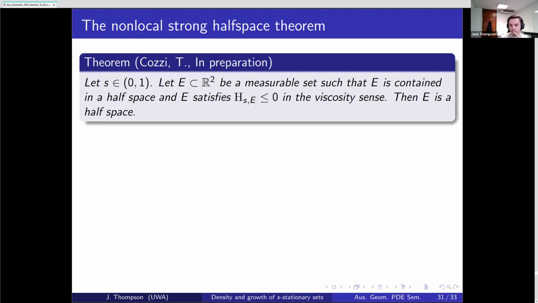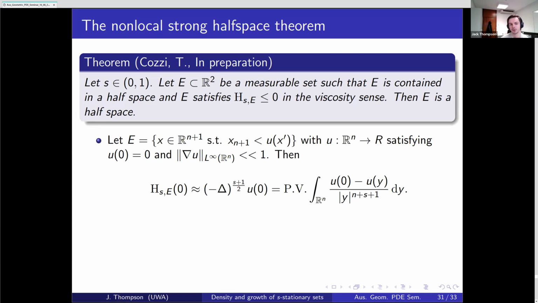So what is the motivation for this? Well, the motivation is quite similar to the classical case. There's a very close connection between mean curvature and the Laplacian. And there's a similar connection between the s-mean curvature and the fractional Laplacian. So I heuristically write it here.